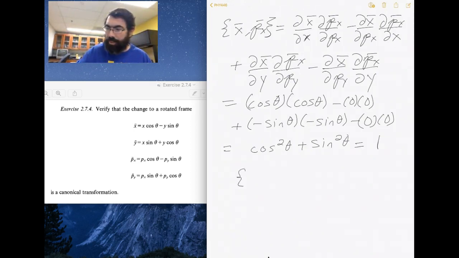So sure enough, the Poisson bracket of x bar and px bar is the result of the Kronecker delta of 1.